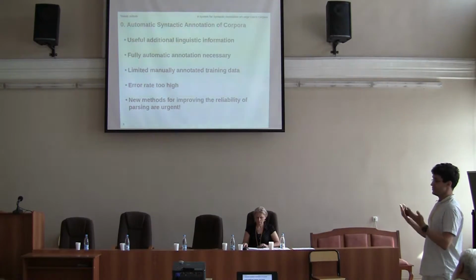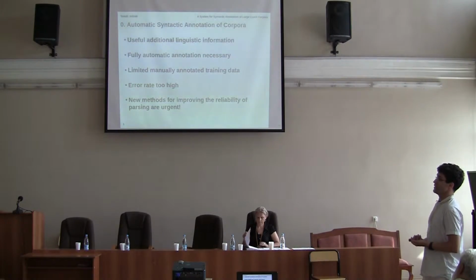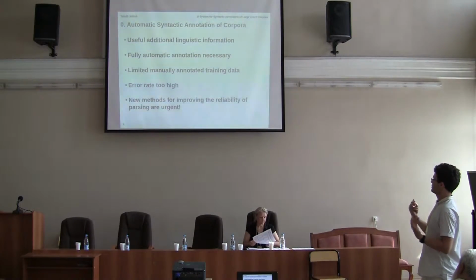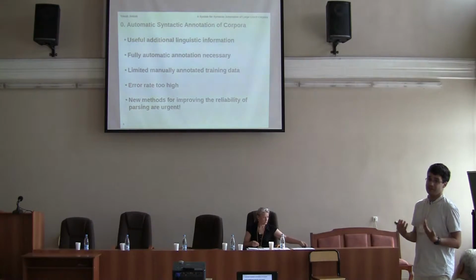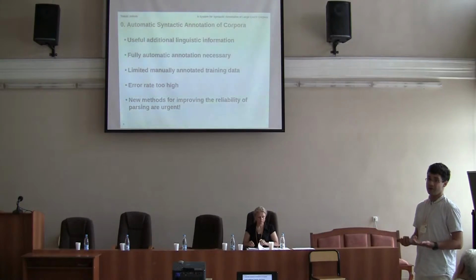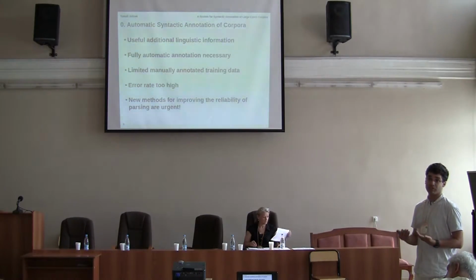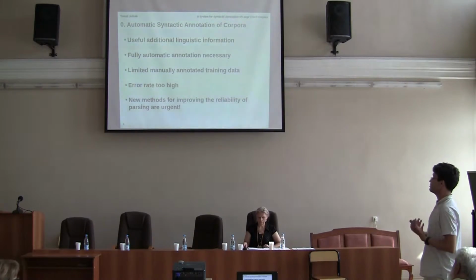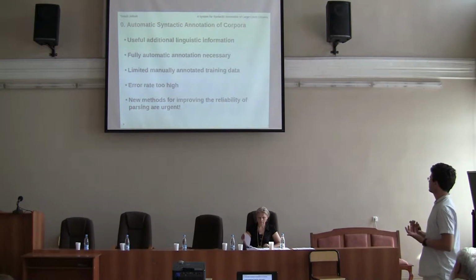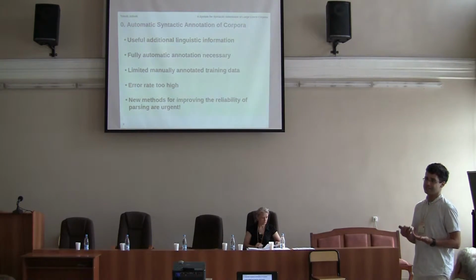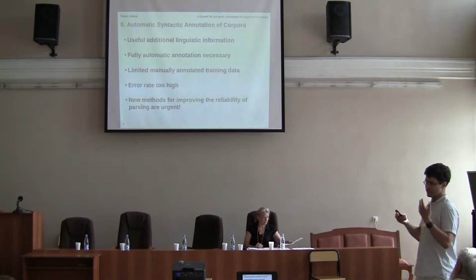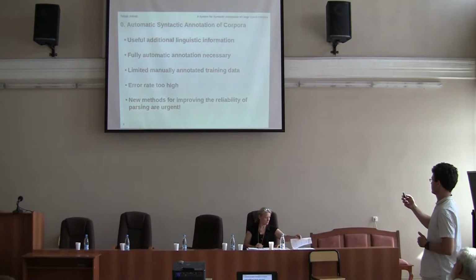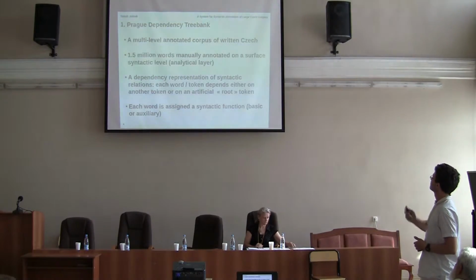But because of this type of parsing, for the moment, the error rate is too high. It's very high, like 4 times higher than the error rate of standard morphological tagging. So, new methods for improving the reliability of parsing are necessary. This is the main part of the talk later.